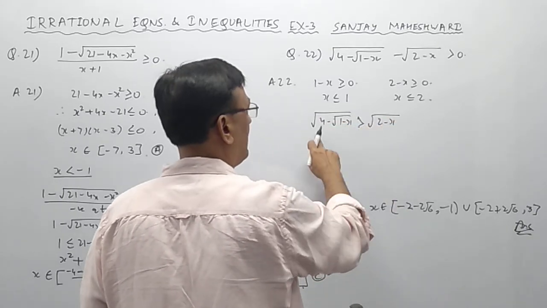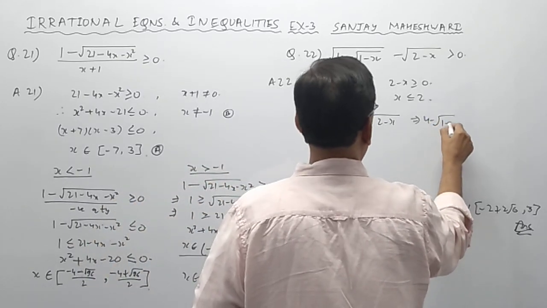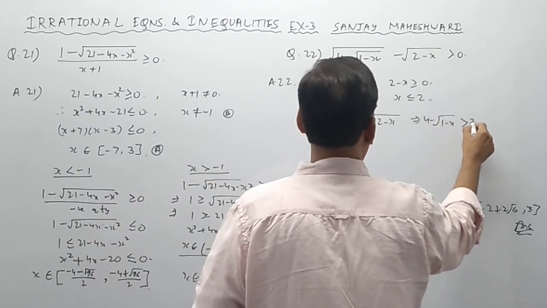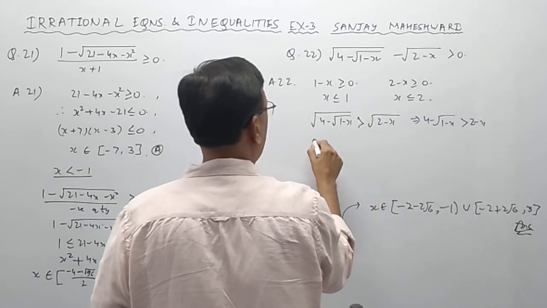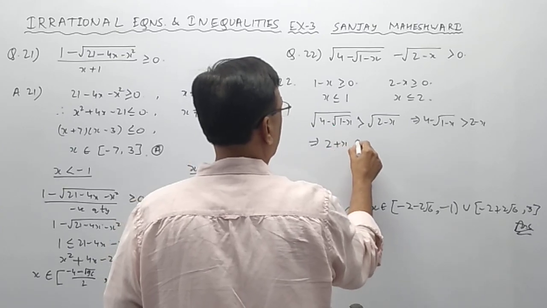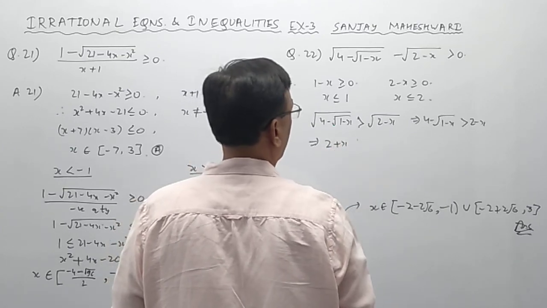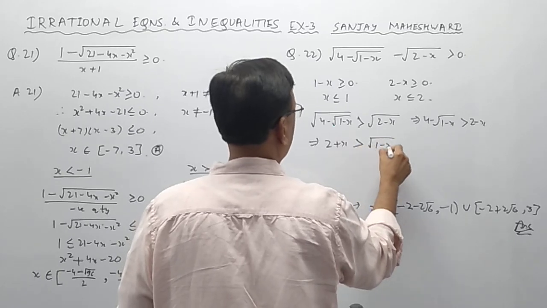Now squaring both sides, since both are positive quantities, we get 4 minus root over 1 minus x greater than 2 minus x. Now we'll bring 2 minus x to the left hand side. 2 plus x is greater than root over 1 minus x.